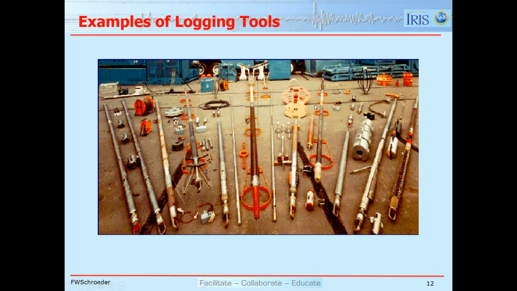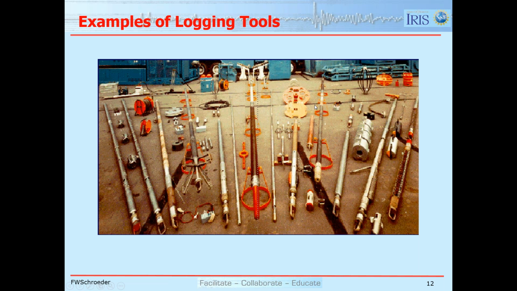This is a display borrowed from Schlumberger, and this shows several types of tools that can be lowered into the well bore, and each of these would collect a different type of data. They do not collect a single set of information with each run through the well bore.